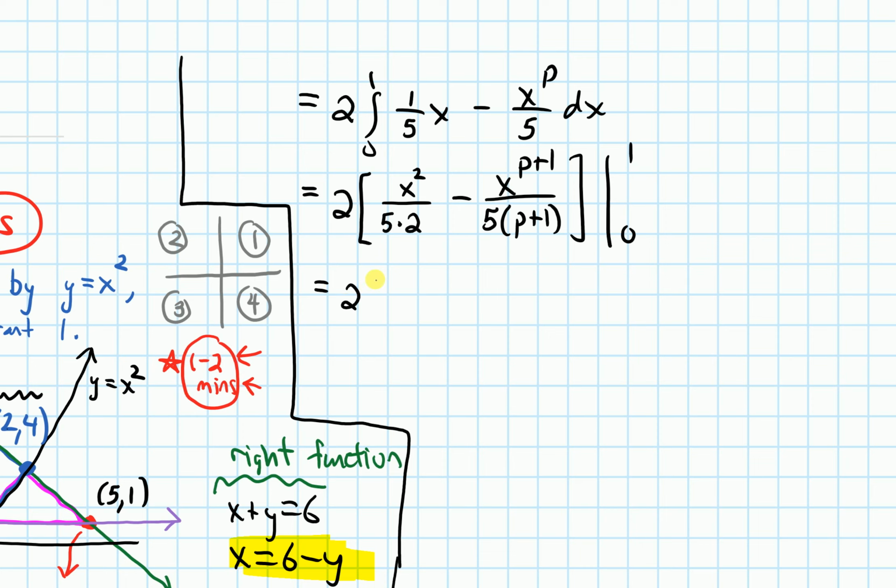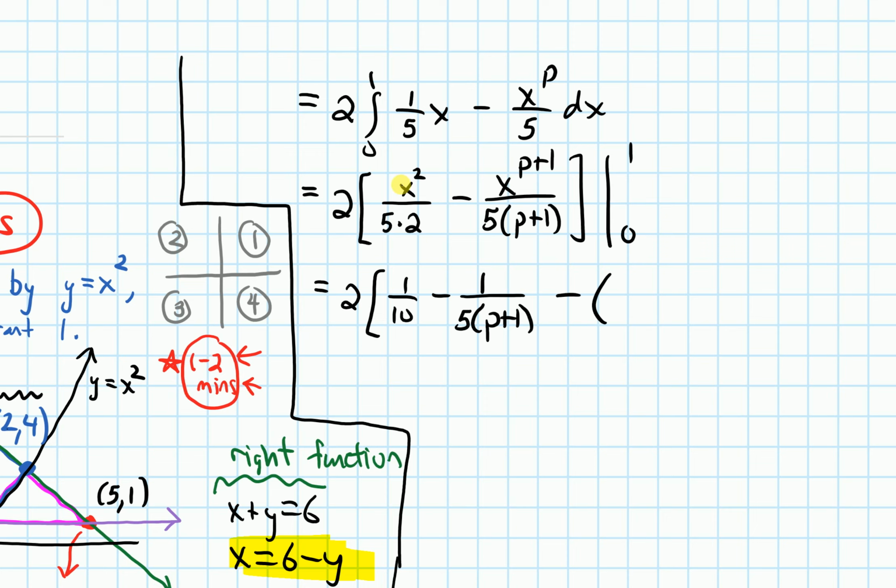So we have 2 times plugging 1 into this. I'll get 1 over 10 minus, when I do 1 to the p plus 1 power, 1 to any power is just 1, so I'll have a 1 in the numerator over 5 times p plus 1. And then minus what I get if I plug in 0.